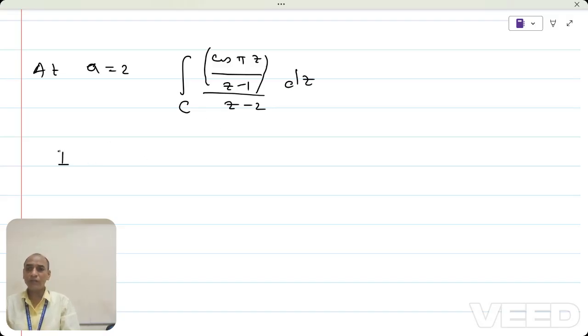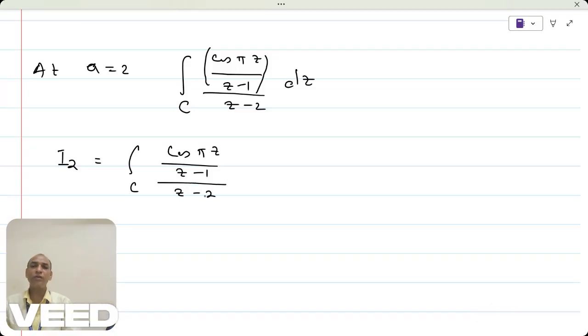So what I will consider, my I2 will be integration over C of cos pi z divided by z minus 1, whole divided by z minus 2 dz. Okay.